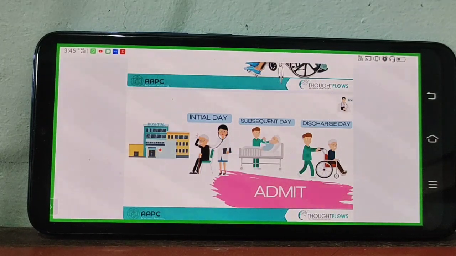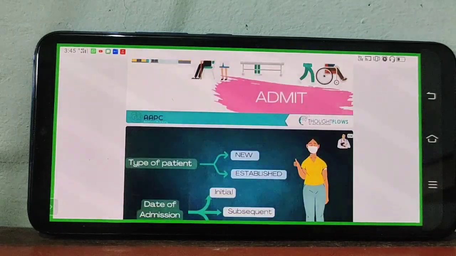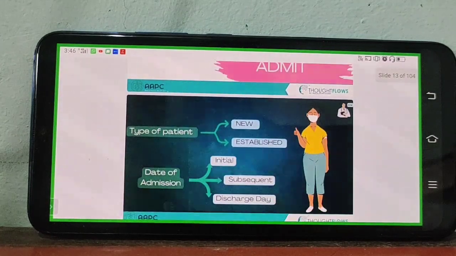The initial day and the discharge day can be reported only one time. On the day of admission, report the initial day code. On the day of discharge, report the discharge code. From the second day, we have to apply the subsequent day code. Now, this is a classification we already discussed.